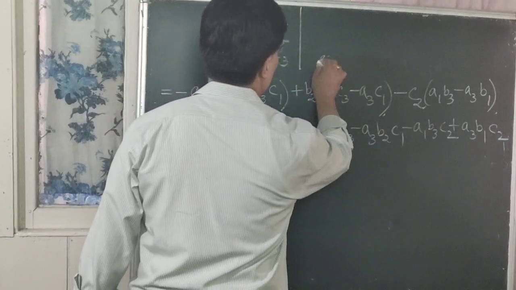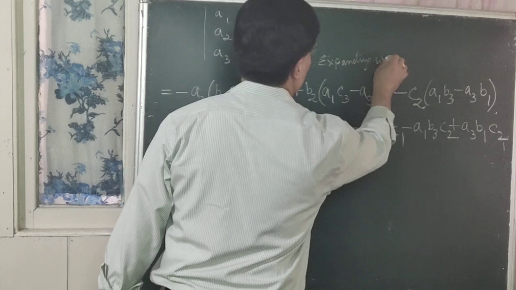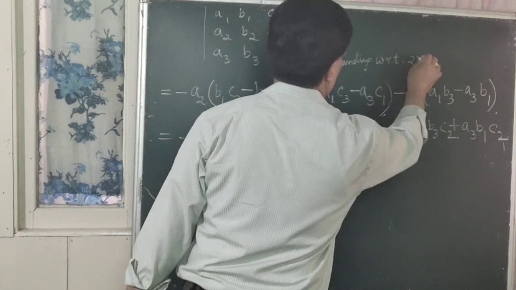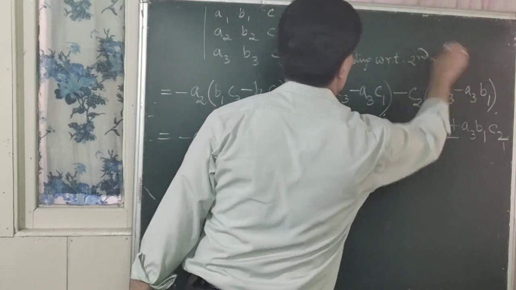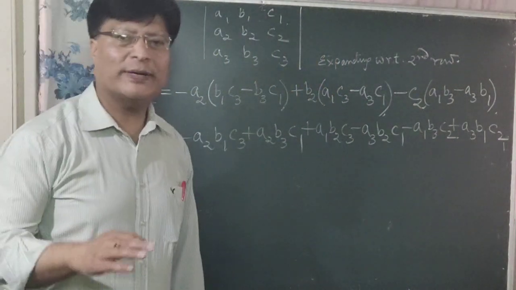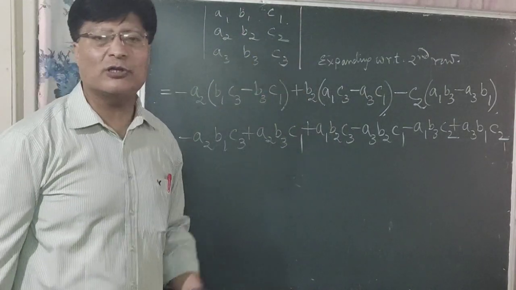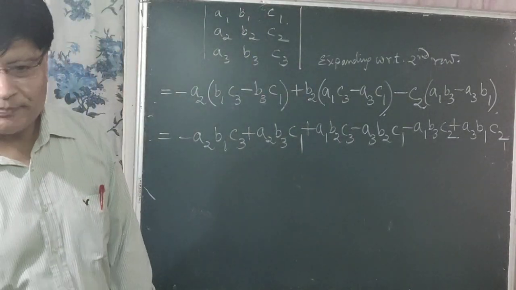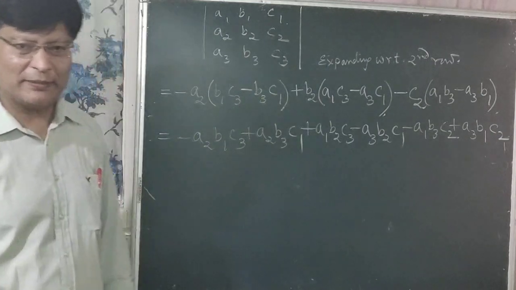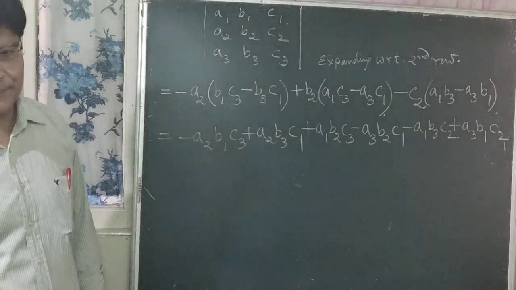This is expanding with respect to second row. Is it clear? You can expand this determinant with respect to the third row also. You can do it at home, तिम्रो home task भयो. Okay?